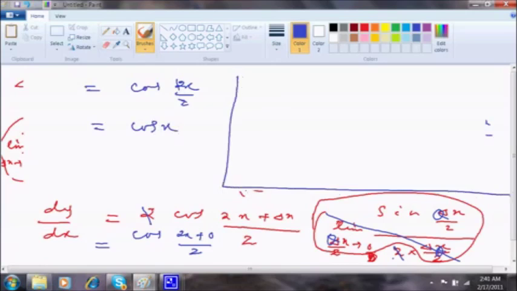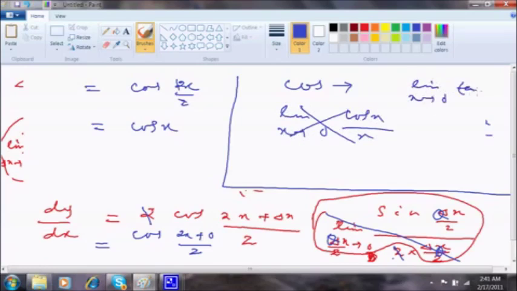In all these discussions we do not have to worry about the cos quantity, because there is no formula for cos. We do not require any formula for cos, but only for sine and for tan. So limit x tends to 0, tan x by x is also 1, as it is sin x by x.